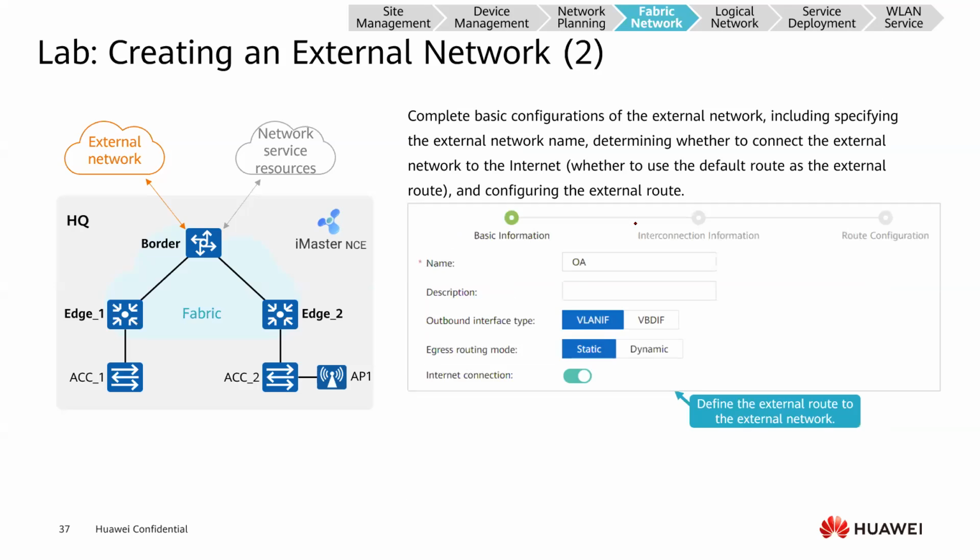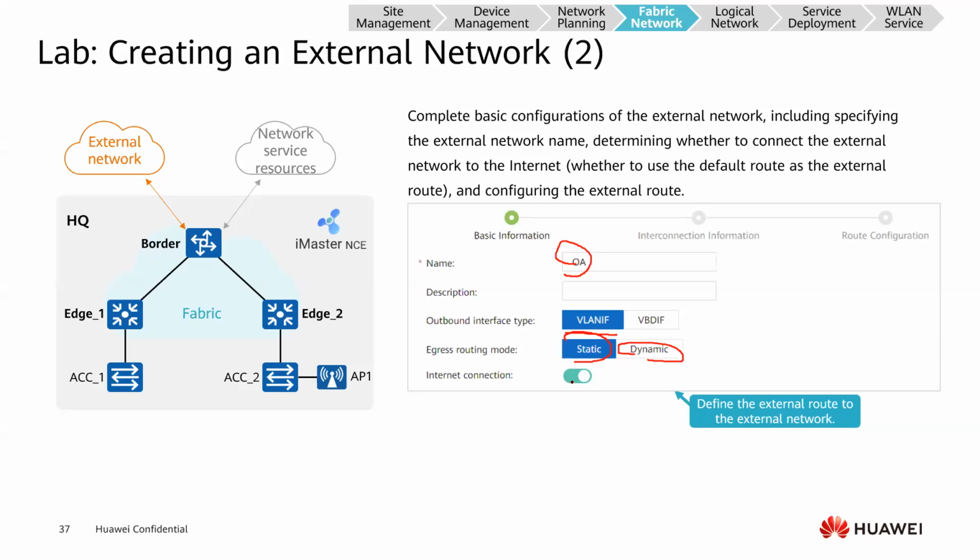And then you need to create the external network's name. It uses the VLANIF interface to connect the border to the external network. And you can use a static route or a dynamic route for the border to connect to the external network. In our experiment, we use the static route.